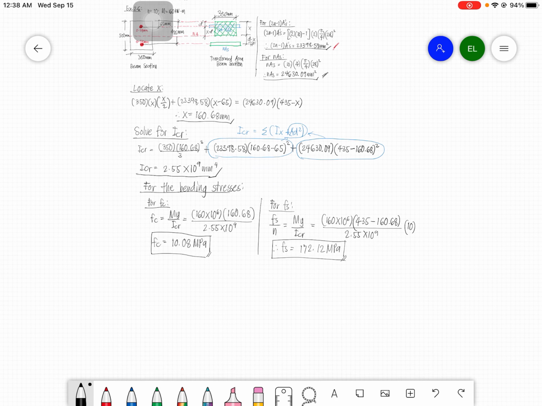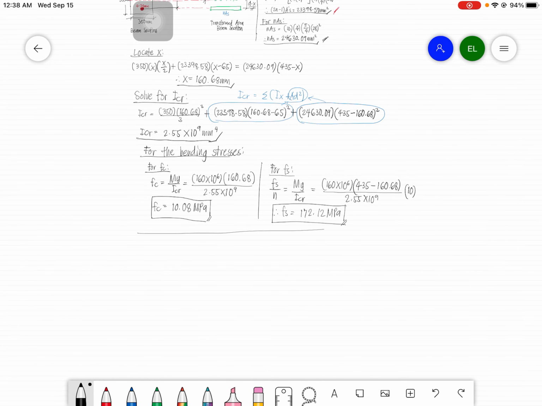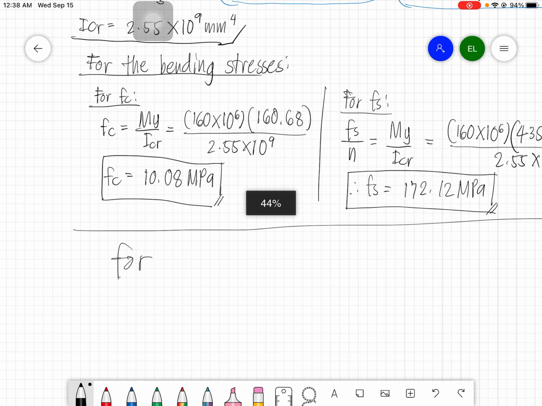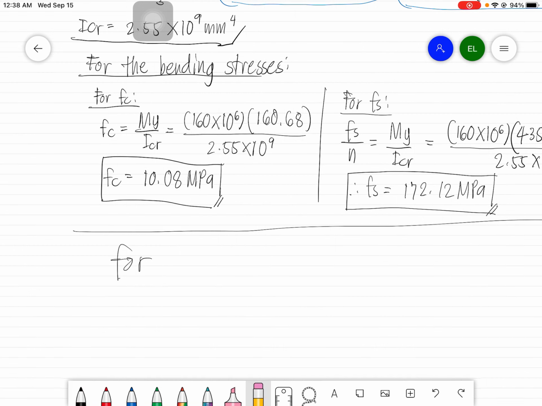And lastly, for the Fs prime. The formula there is Fs prime over 2n is equal to My over ICR.